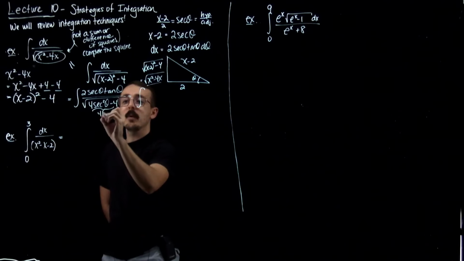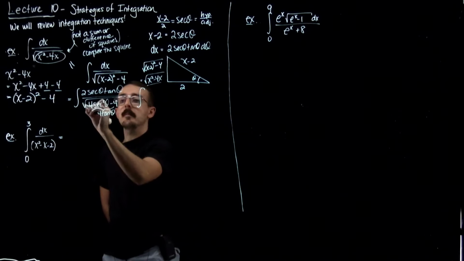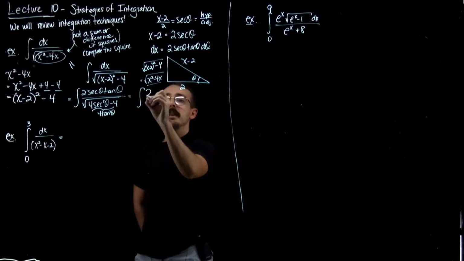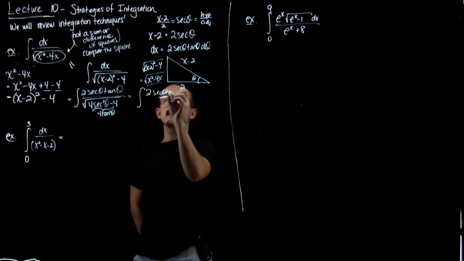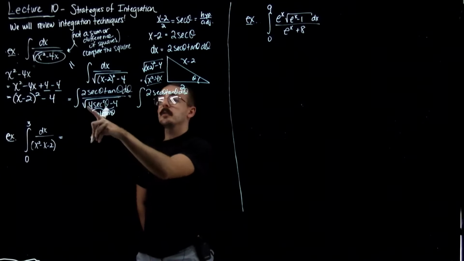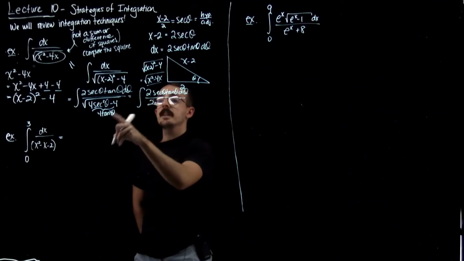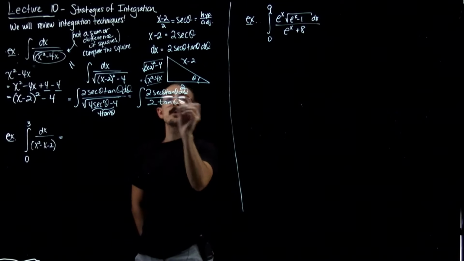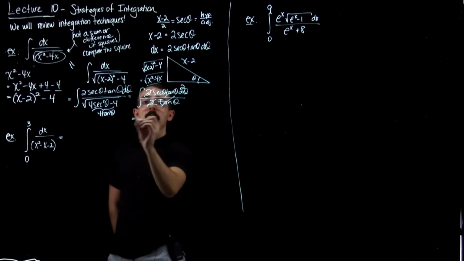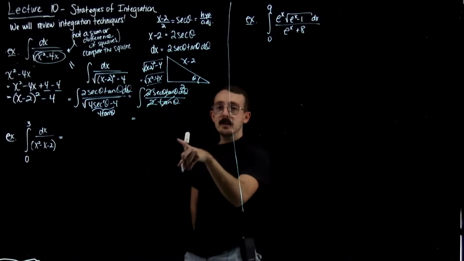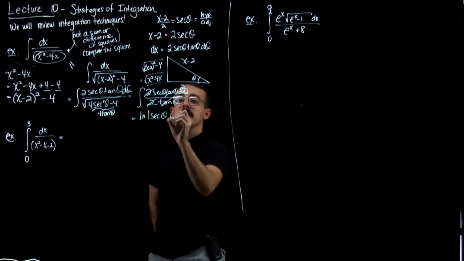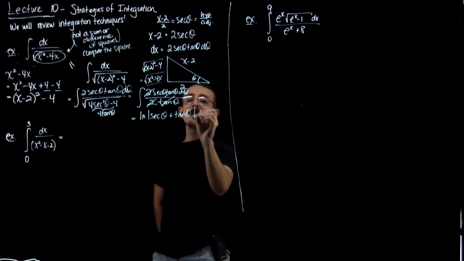But this would be 4 tangent squared because I multiplied everything by 4. And then the square root of that would give me 2 secant theta tangent theta d theta over the square root of 4, which is 2, and then tangent squared, I'm going to get tangent if I square root that. The tangents are gone and the 2's are gone. So this whole thing just simplifies to the integral of secant, which I know is ln of secant plus tangent theta plus c.